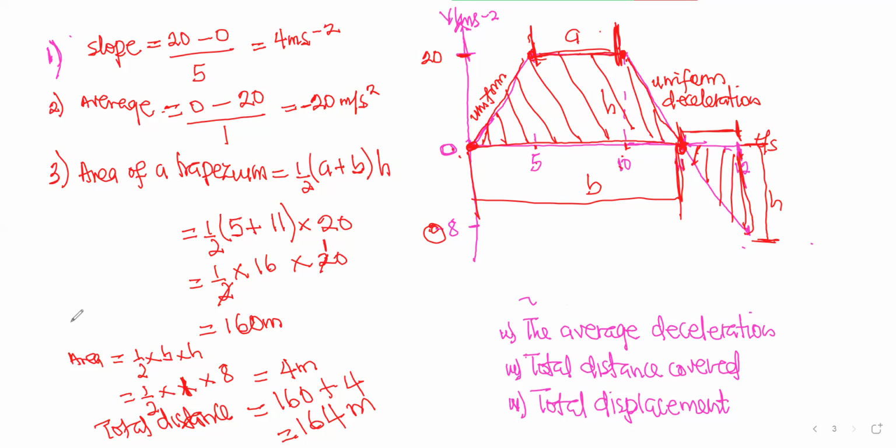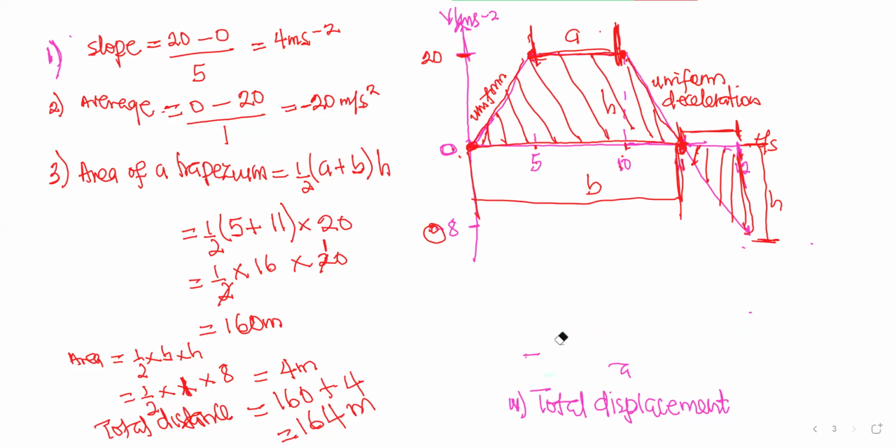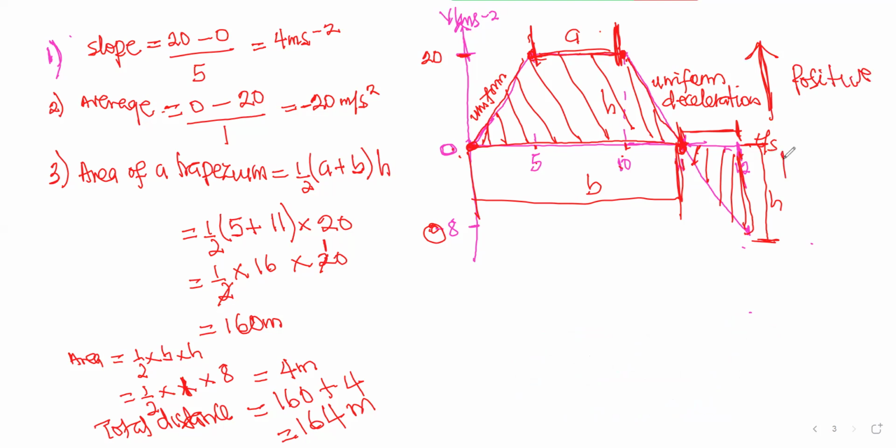Now, displacement, on the other hand, respects direction. So how do we determine the total displacement? Motion above the positive line is regarded as positive. Motion below this is negative. So above we had positive 160. Below we had 4, and that is negative 4.